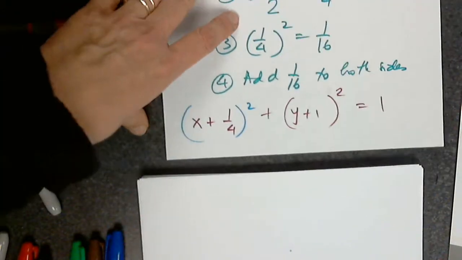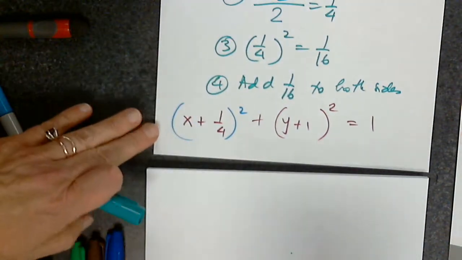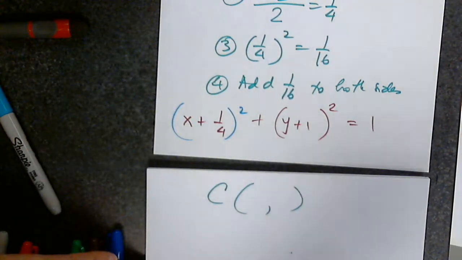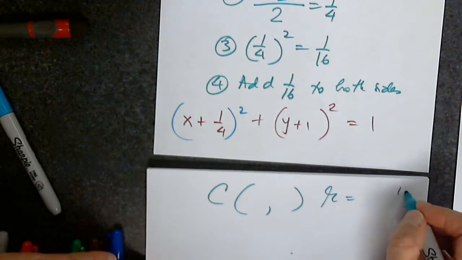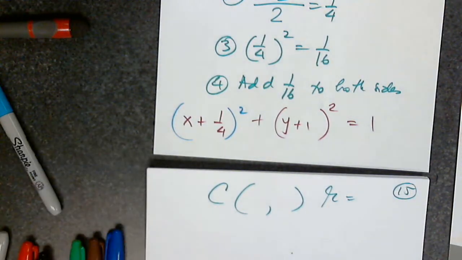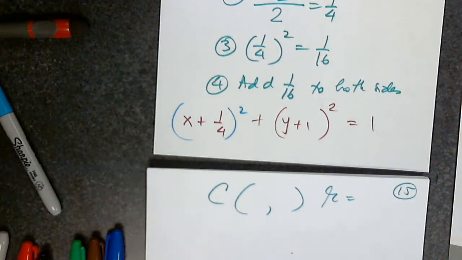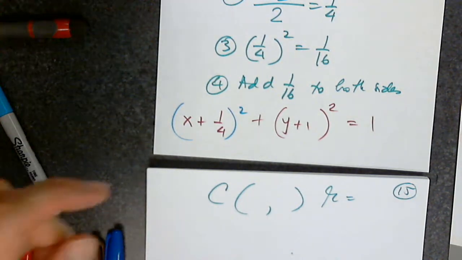Oh yes, of course, we didn't finish. No, because we need to identify the center, and we need to identify the radius. So now can we say that this is the equation of a circle? Yes, because we complete the square with x in x, we complete the square in y, and the other side, so first of all, remember, these are mandatory characteristics.